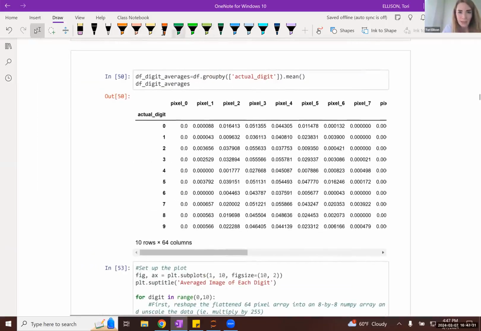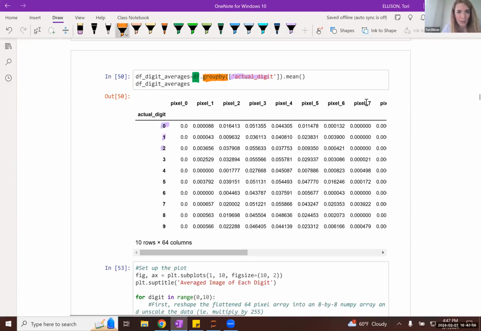How you can go about doing that is you can take your data frame, which has each of your 64 pixel values and your actual digit column as well, and you can use the group by function, and they have this in R as well, so it works the exact same way. I'm going to group by my actual digit value first.